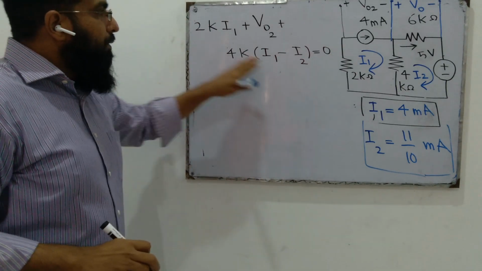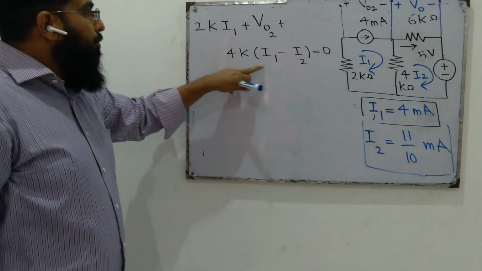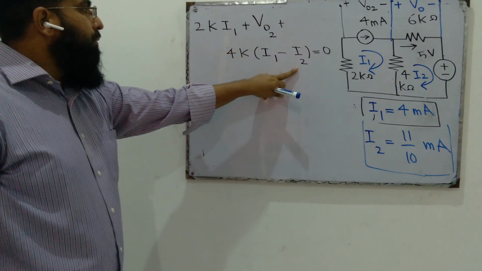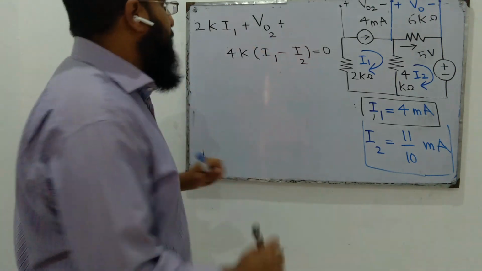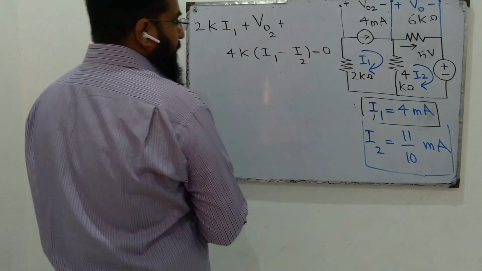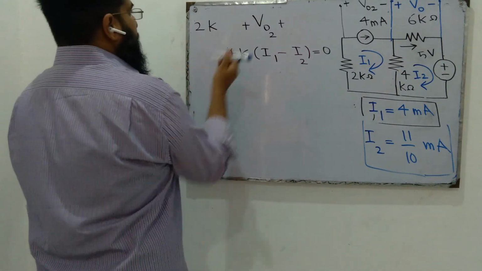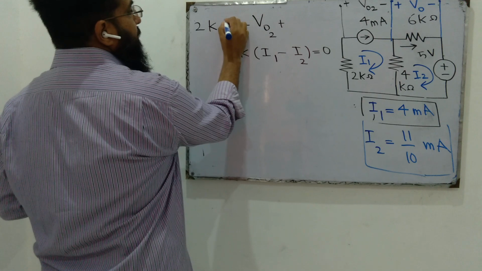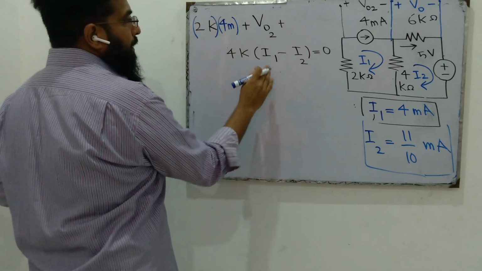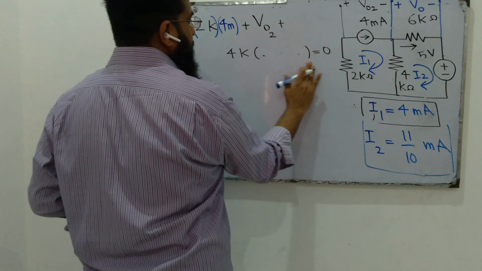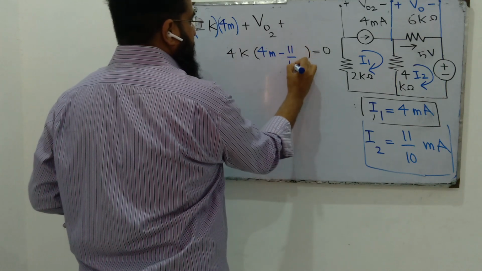So we know I1, we know I2. Let's put these values. We have only one unknown in this equation, that is V out 2. I1 is 4 milli. 2K times 4 milli, plus V out 2, plus 4K times I1 minus I2, which is 4 milli minus 11 over 10 milli.